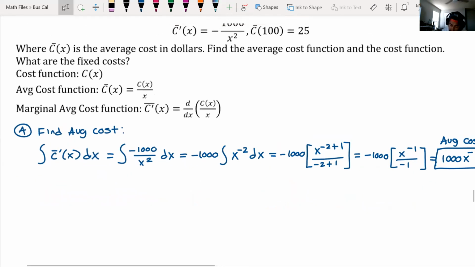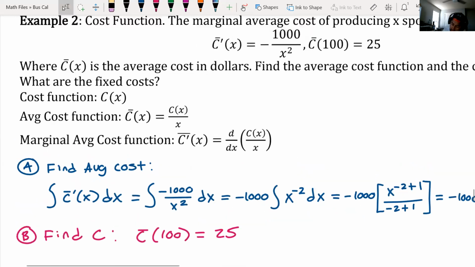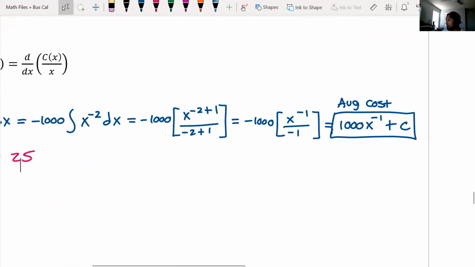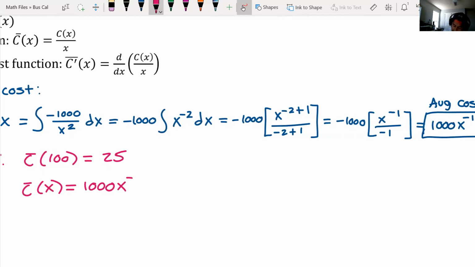B: find C. So C bar of X is equal to 1,000 X to the negative 1 plus C.